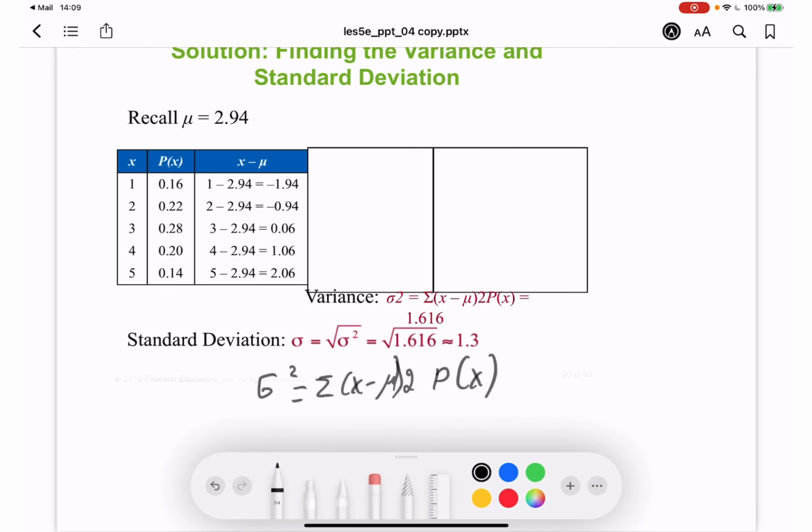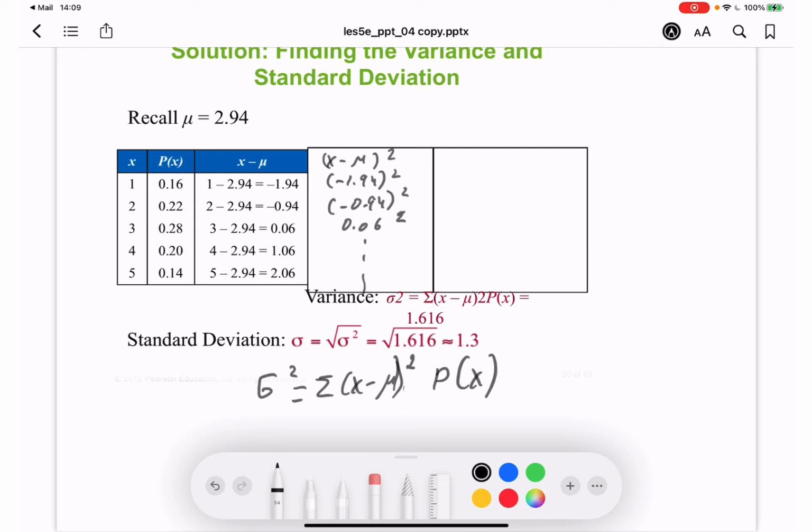Then next, I made a mistake, this is supposed to be squared. Here we should get x minus mu squared, which will be negative 1.94 squared, negative 0.94 squared, 0.06 squared, and so on.